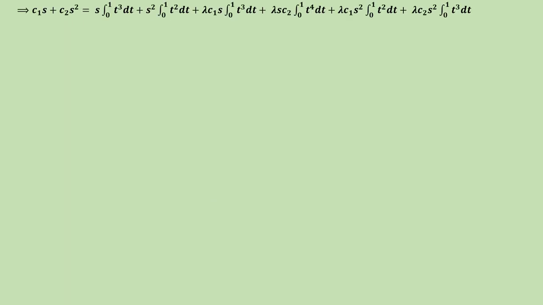That implies c1 s plus c2 s square equal to: s is constant, take it outside from all the integrals and write the rest as it is. s integral 0 to 1 t cube dt plus s square integral 0 to 1 t square dt plus lambda c1 next term, and so on, plus lambda c2 last term s square. All are constant, take them outside, integral t cube dt, because the integral is with respect to t only, so keep the t term inside and all the remaining terms outside the integral.